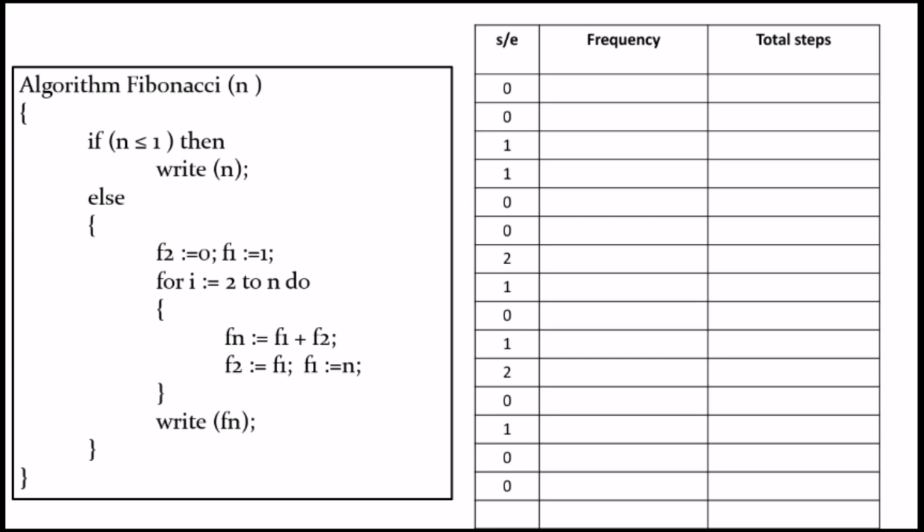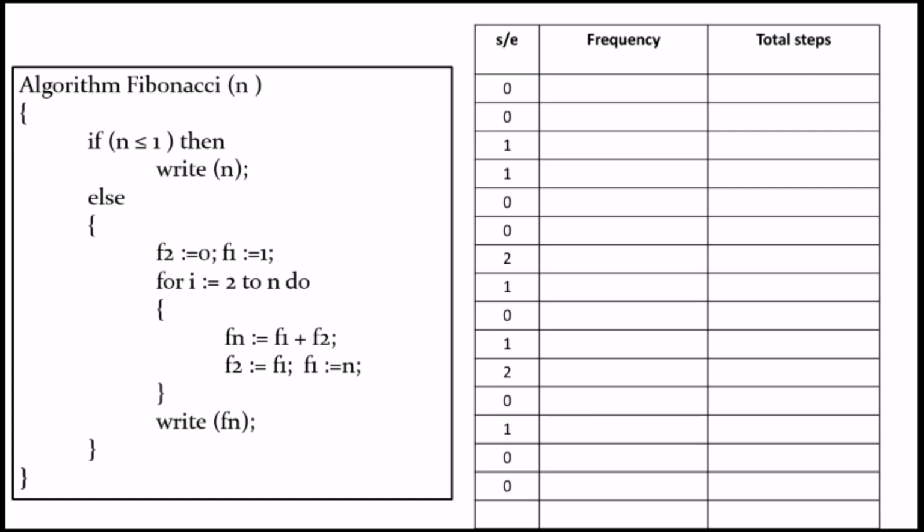Next line, in the same line we are initializing two values, that is f2 equal to 0 and f1 equal to 1. So here there are two steps in a single line, so that's why the steps will be 2. Next, for the for loop there will be one statement. So in that for loop, fn equal to f1 plus f2. So this will be one step.